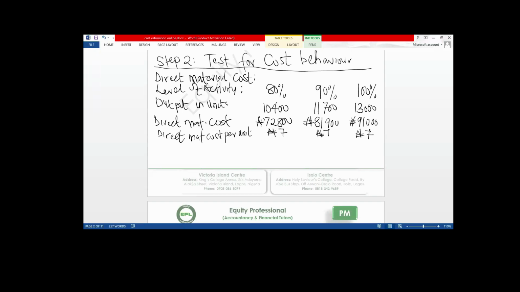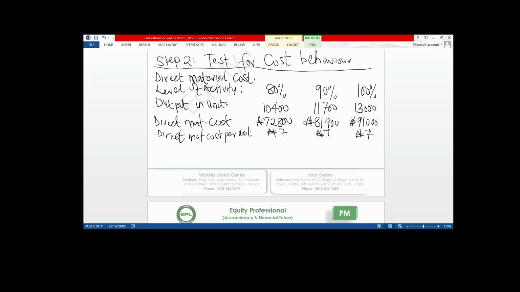Once this occurs, it implies that material cost per unit is entirely a variable cost. Please note, if cost per unit remains constant at all levels, this is an indication that that cost is entirely a variable cost.